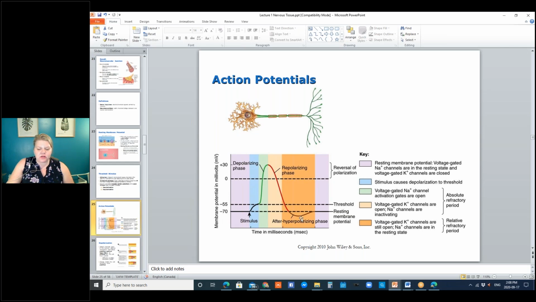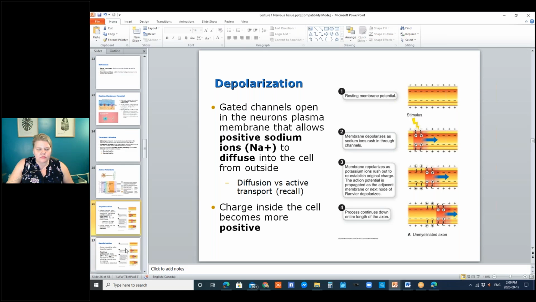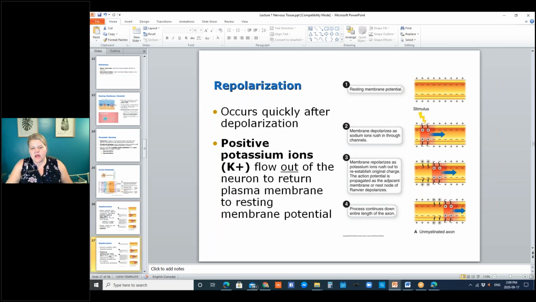It overshoots a little bit, so there's a little bit of a hyperpolarization phase right afterwards, but eventually it just regains its homeostasis and ends up at that minus 70 resting membrane potential. It happens quickly right after the depolarization. Positive potassium ions, yes, flow out of the neuron, returning to resting.